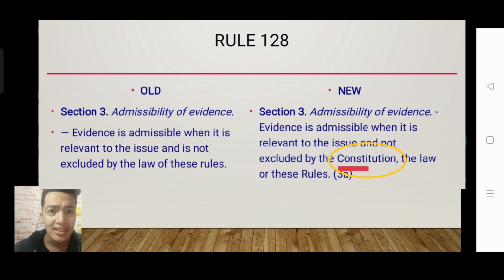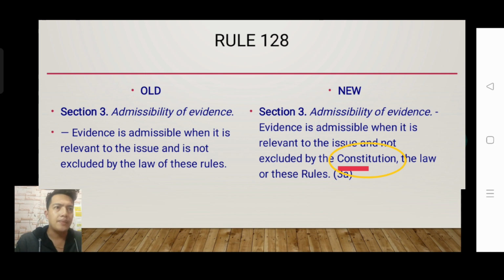It is relevant when such evidence has relation to the fact in issue to prove the existence or non-existence thereof. And it is considered competent evidence if it is not excluded by the Constitution, the law, or these rules.